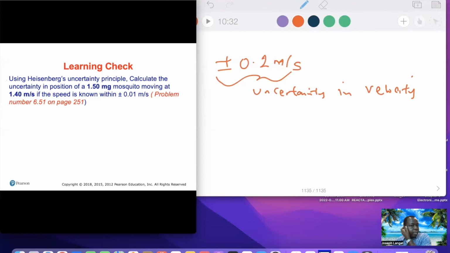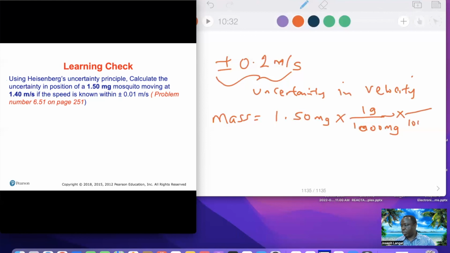Already we are given it in meters per second, so we don't need to change that. Mass is 1.50 milligram. You have to know that 1,000 milligrams is 1 gram, and 1,000 grams equals 1 kg.